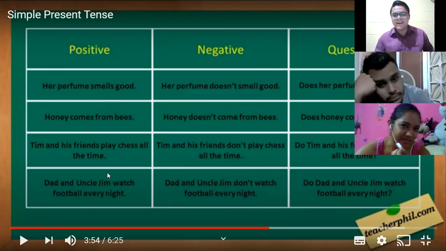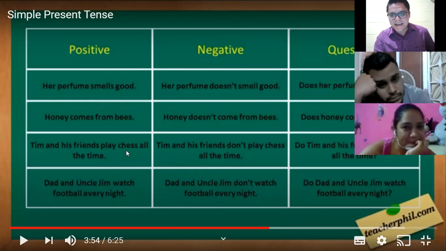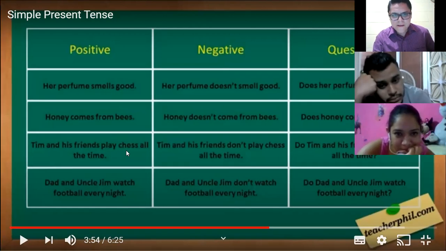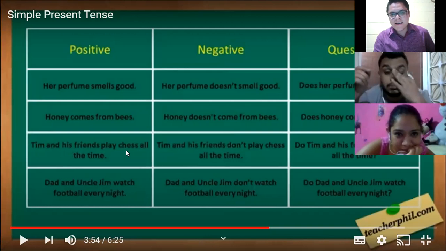No, no. Okay, let me explain again. See my chat, Gabby. When you have he, she, or it and you have a positive sentence, you add S to the verb.